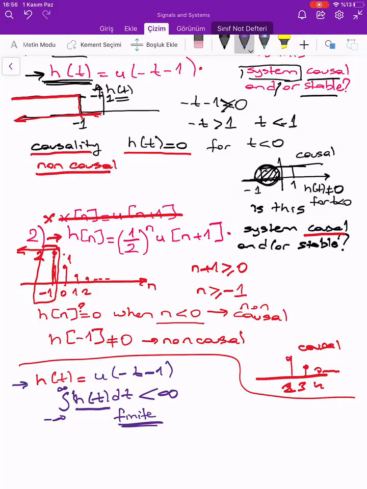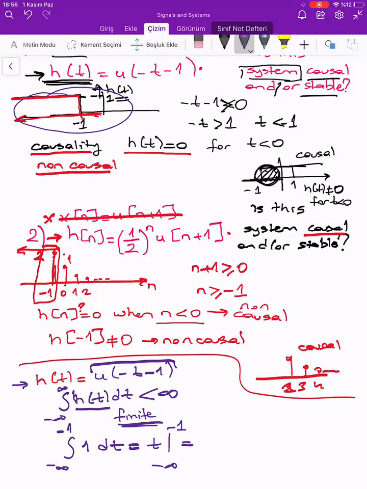I check the integral from minus infinity to plus infinity of h of t dt, like I looked at this function, which is from minus infinity to minus 1, and the value over there is 1. So if I take t from minus infinity to minus 1, okay, which is equal to minus infinity.